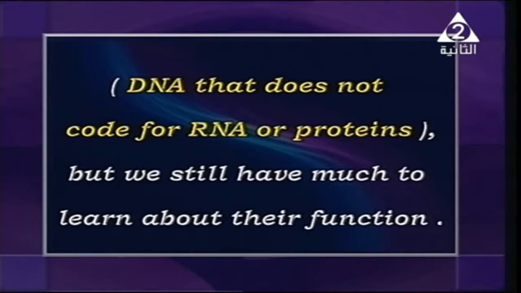So DNA that does not encode for RNA or proteins, we call non-coding DNA, but we still have much to learn about its functions. If you search on the internet, you are going to find a lot of research that discusses this part of the genetic engineering field, non-coding DNA. We call them non-coding, but they have a function that is still unknown.